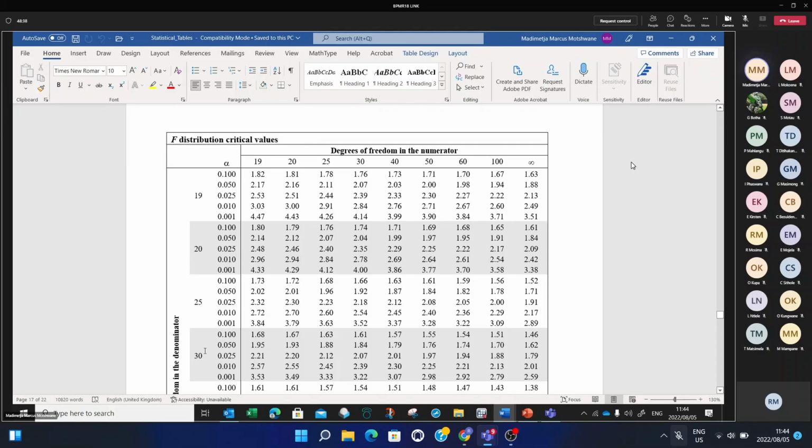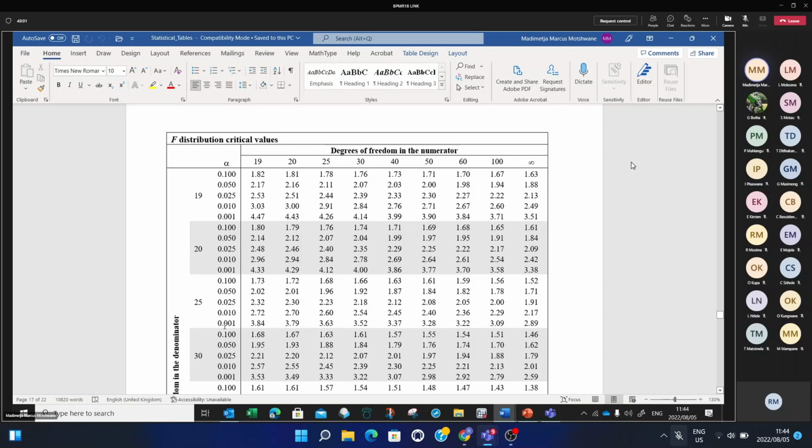And remember, each block, each degrees of freedom, like 19, starts at 0,1 up to 0,001. The whole block from 0,1 up to 0,001 belongs to 19. So for 25, it starts at 0,1 up to 0,005. But what are we looking for?